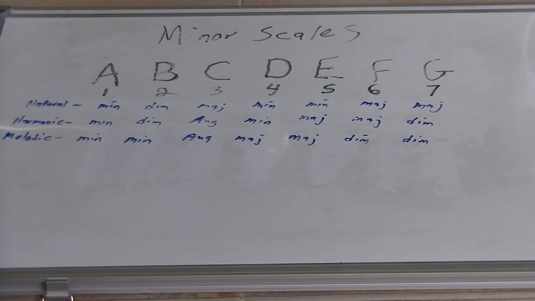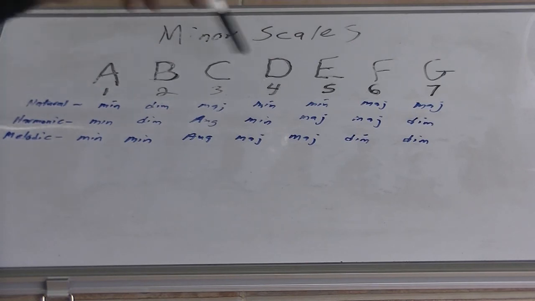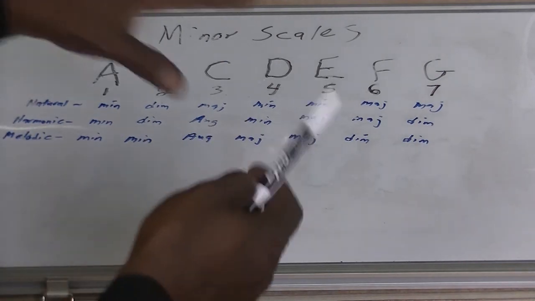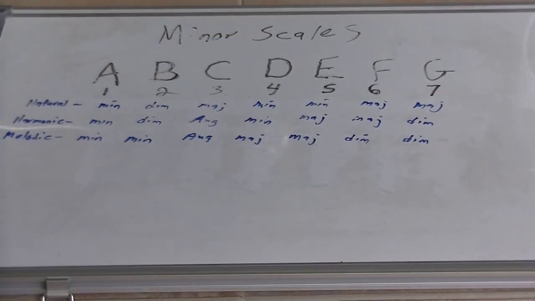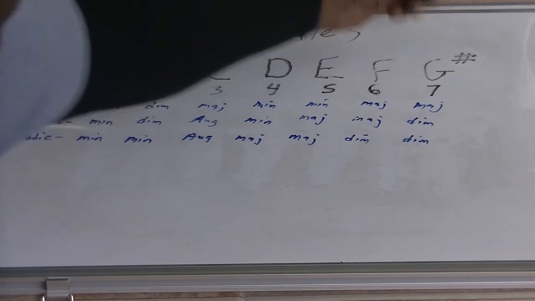And the important thing that I want you to understand is that the natural minor scale can be altered. And there's several different ways to alter the scale. What we've looked at is a couple variations of the minor scale. The first one we looked at was the harmonic minor. And if we want to use the harmonic minor, we sharp or raise the seventh.